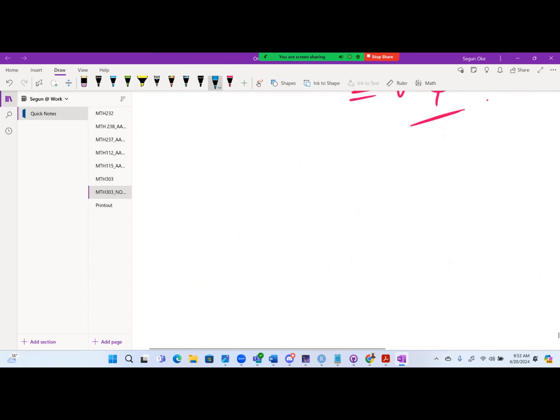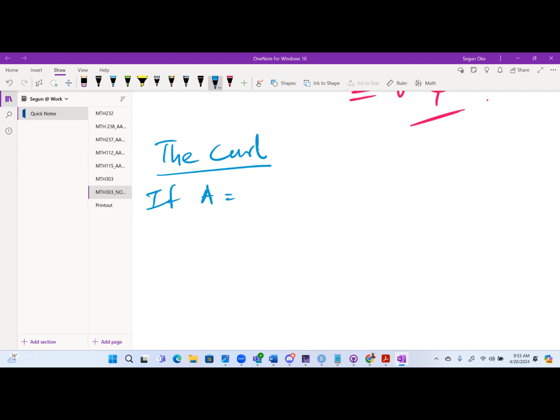The third one, we have the curl. Let's talk about the curl. Okay, look at this example. If A equals xz cubed i minus 2x squared yz j plus 2yz^4 k.